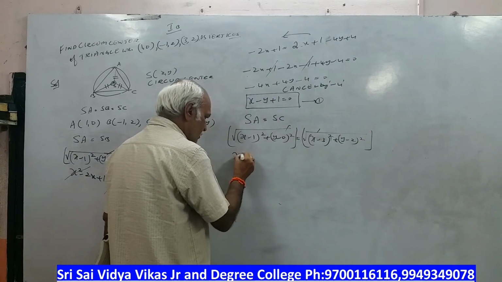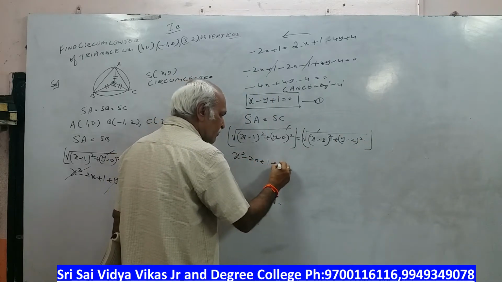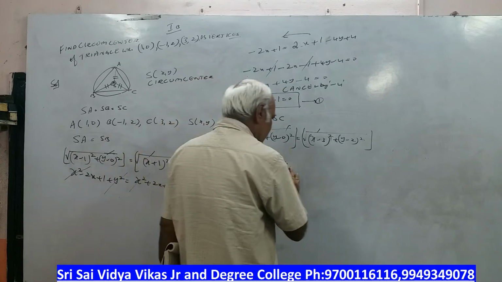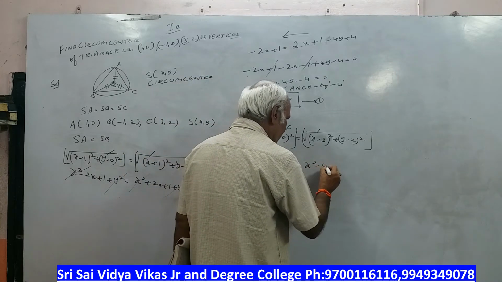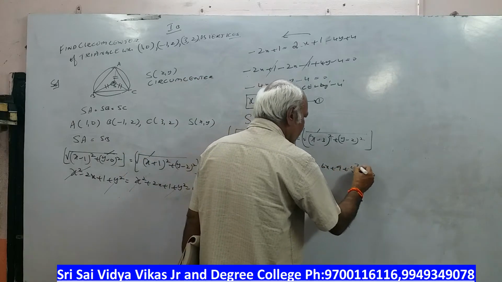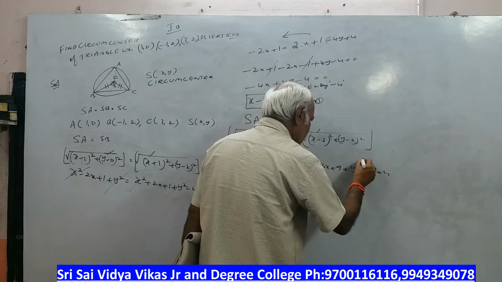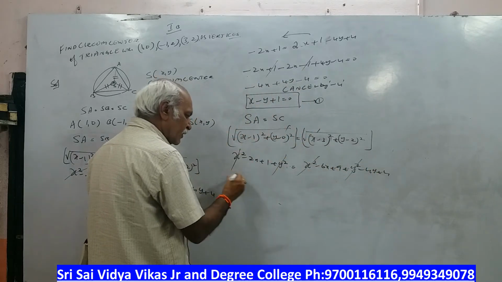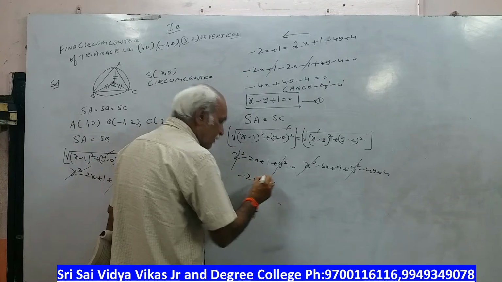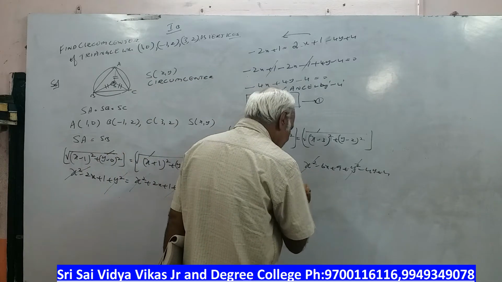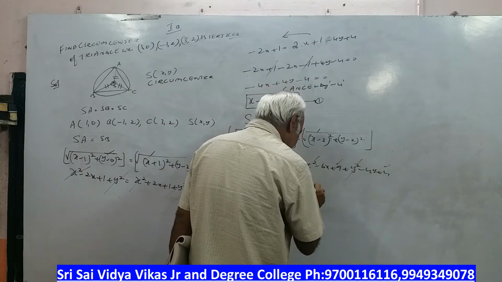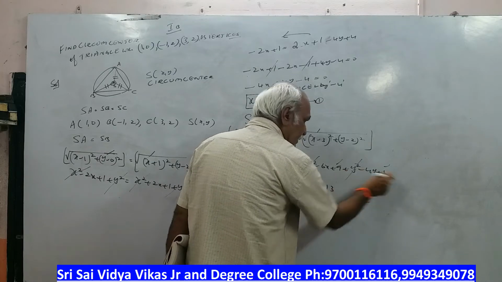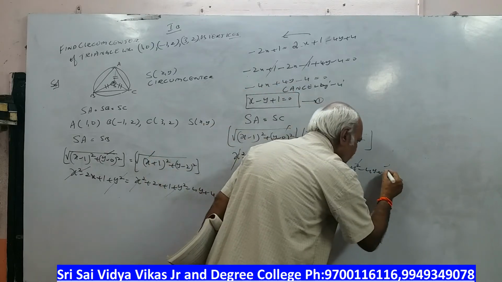So x square minus 2x plus 1 plus y square is equal to x square minus 6x plus 9 plus y square minus 4y plus 4. x square and y square cancel, leaving minus 2x plus 1 equal to minus 6x minus 4y plus 13, since 9 plus 4 is 13.